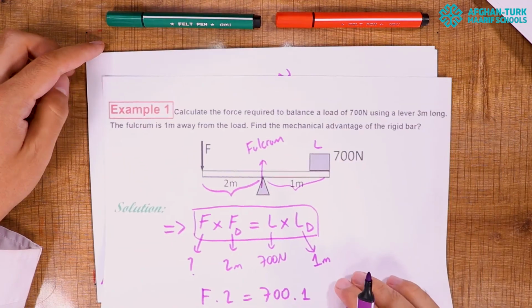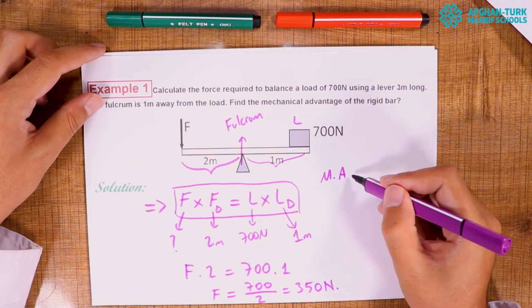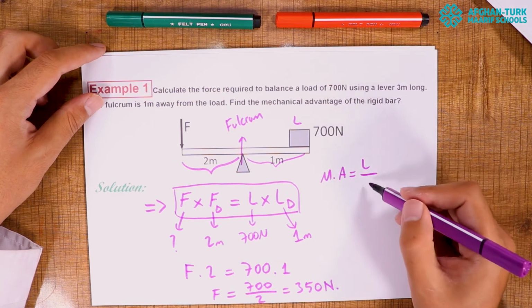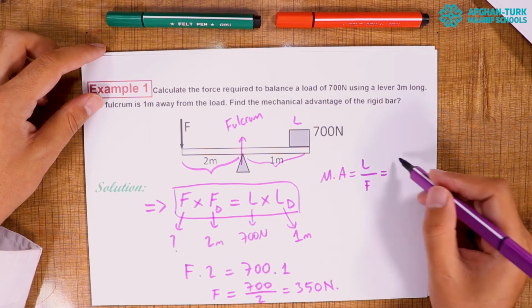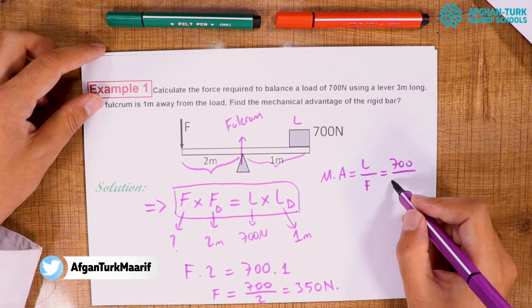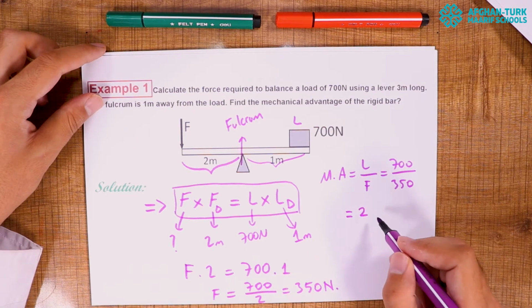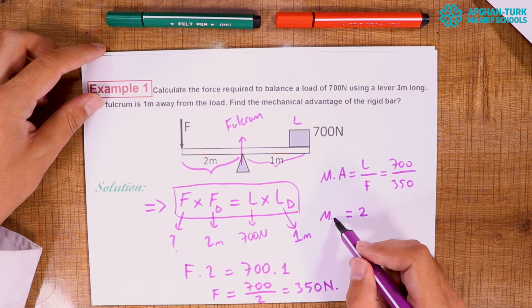In the previous example, the mechanical advantage was again load divided by the force. Load was 700 divided by the force I applied, 350 Newton. So the mechanical advantage was just 2.